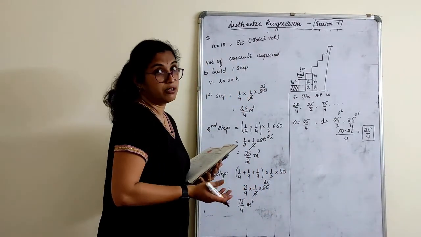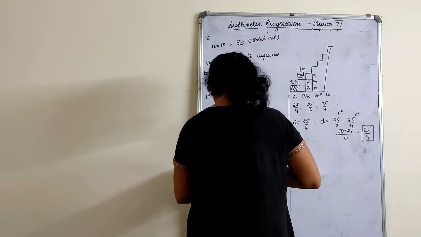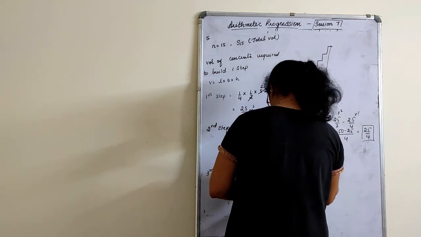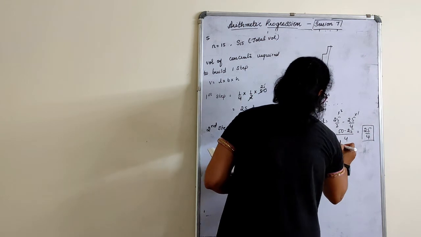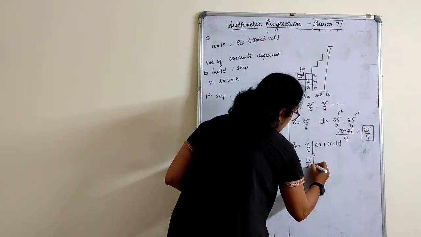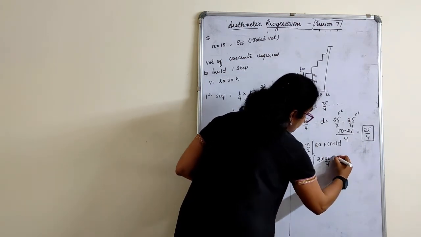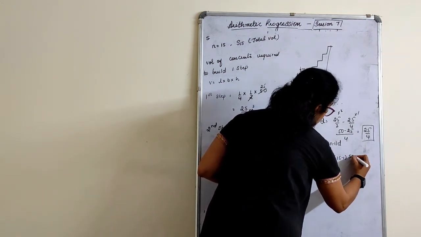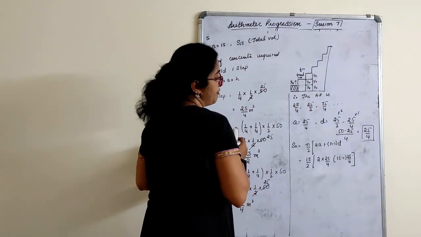Let us find out the total Sn with this. Sn is equal to n by 2, 2a plus n minus 1 of d, where n is 15 by 2, 2 into 25 by 4 plus 15 minus 1, 25 by 4 is the common difference.